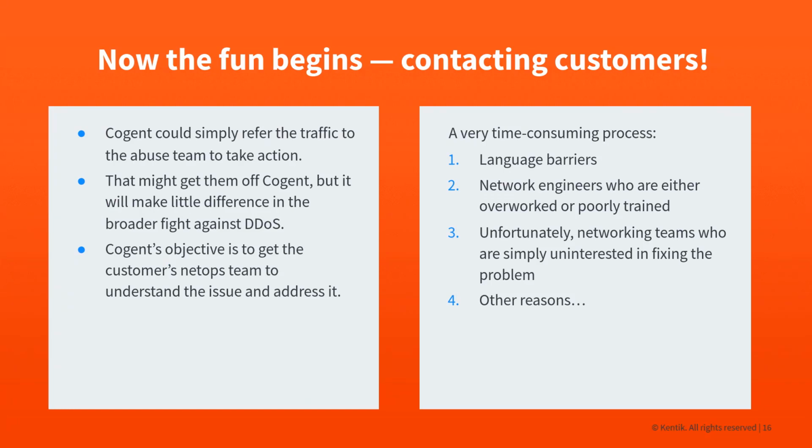So this is when now your organization has to figure out how to move forward with this information. So first of all, we could simply send the report to our abuse team and have them initiate contact with the customer, take action, and so on and so forth.